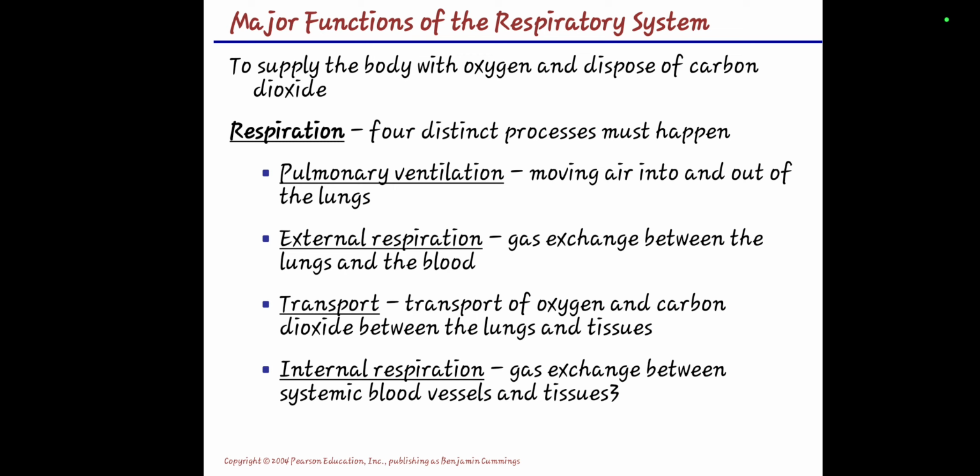What does it transport? It is basically the supplying of oxygen and the excretion of carbon dioxide. Meaning, respiration transports your oxygen and excretes your carbon dioxide between the lungs and the tissue.